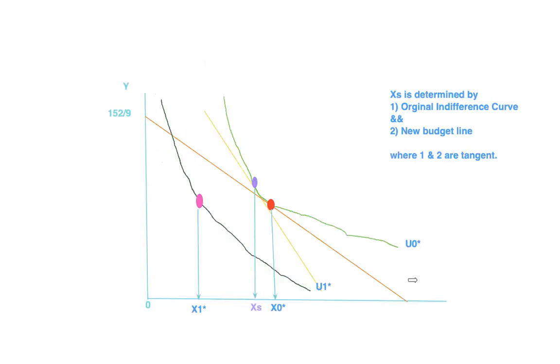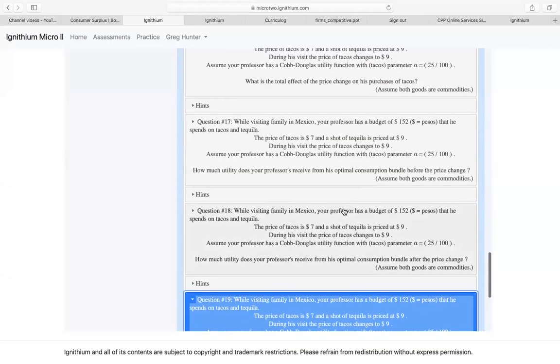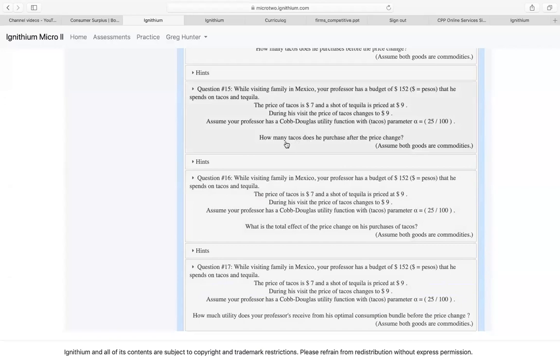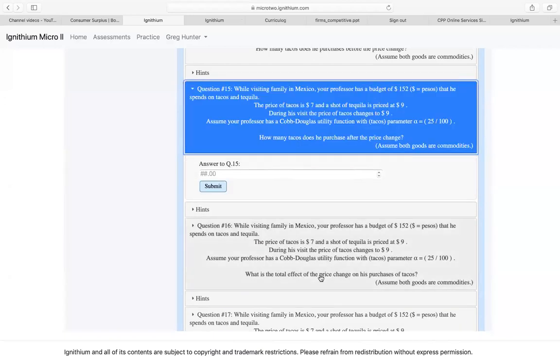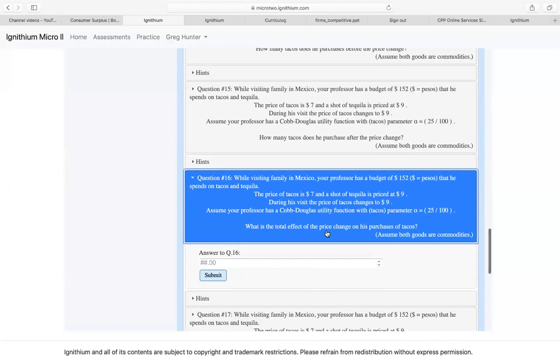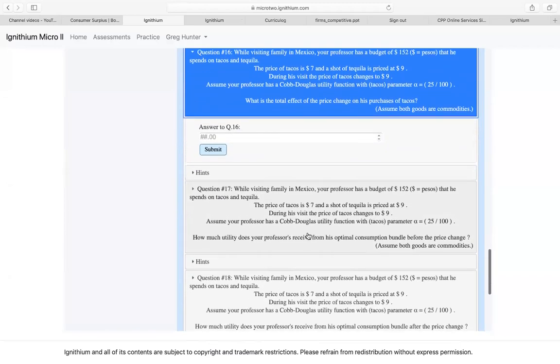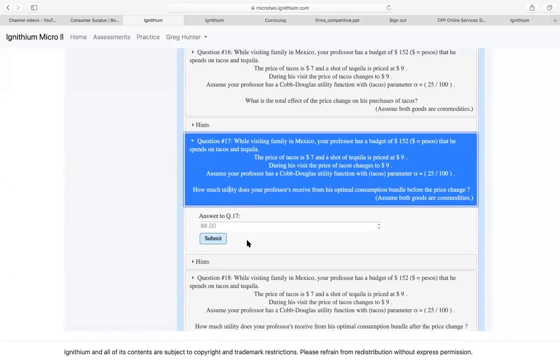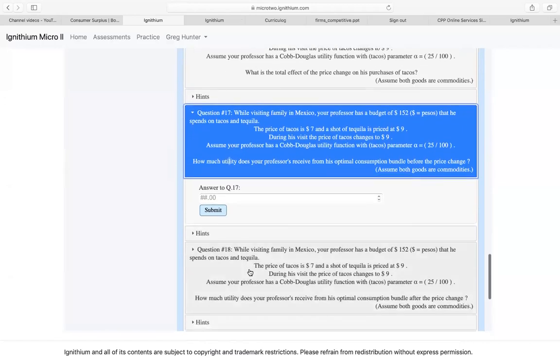This is where we bring everything together, because, as I'll show you really quickly, I'll stop sharing this and share the Ignithium screen. As we go through all of these problems, we're going to find out not only our X0 and our X1 star, our optimal consumption bundles, our quantities, but also the level of utility both before and after the price change.